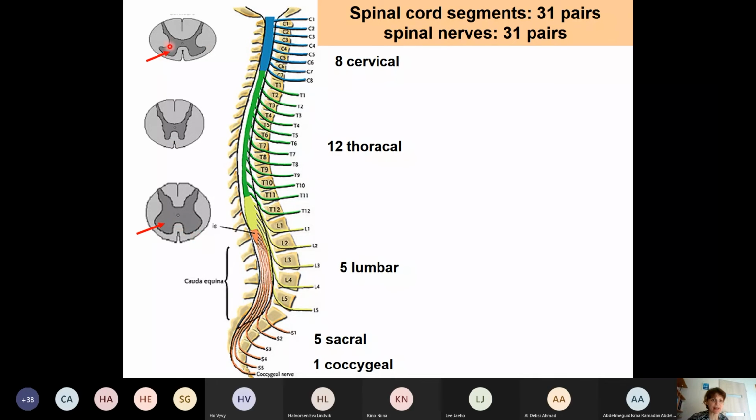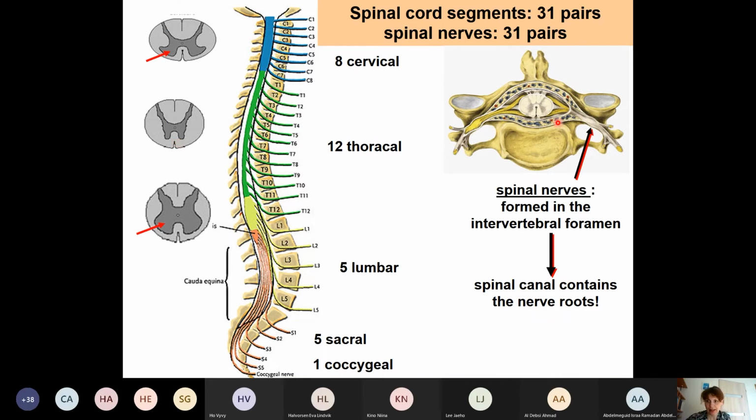And you can see here on the left side that the thickness can also vary, the thickness of the anterior horn and the thickness of the spinal cord.